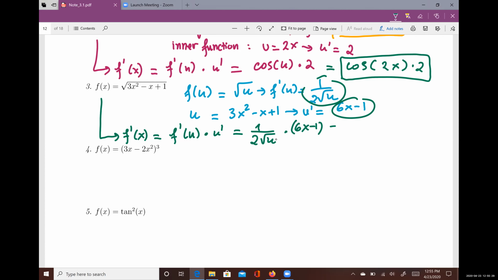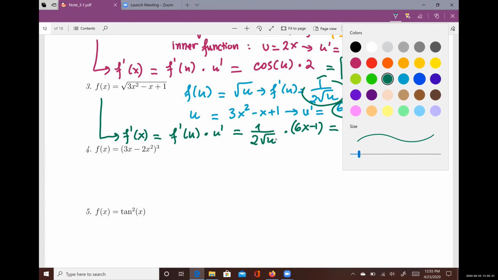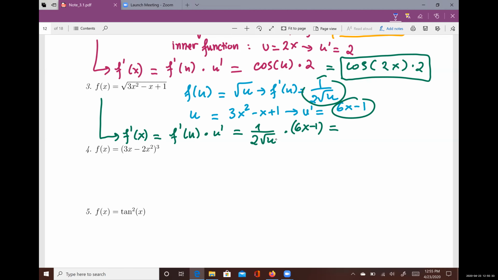Okay, and again, you have to replace u by the function in terms of x. So 1 over 2 square root of 3x squared minus x plus 1, multiplied by 6x minus 1. Okay, so this is your answer.